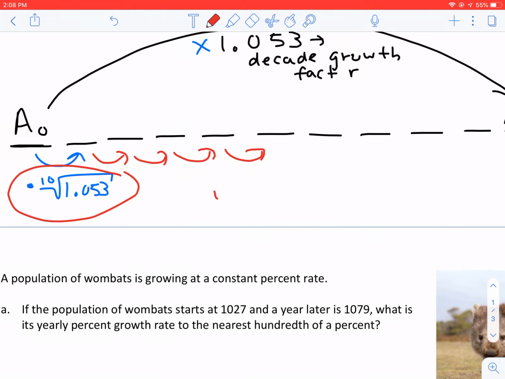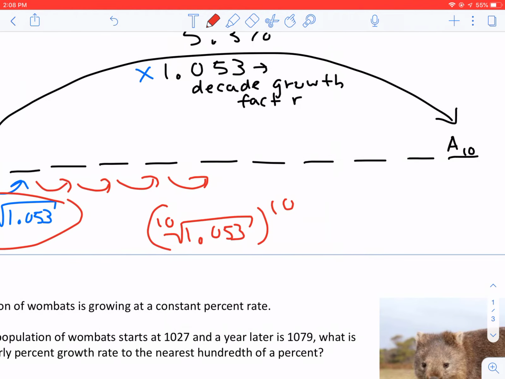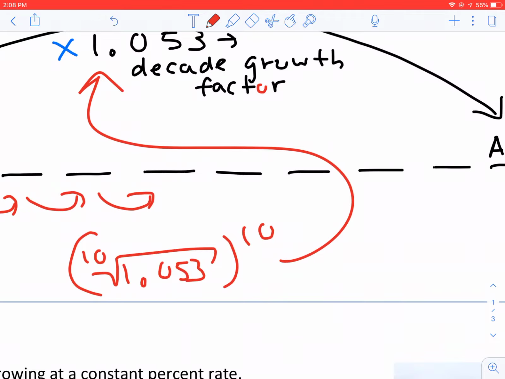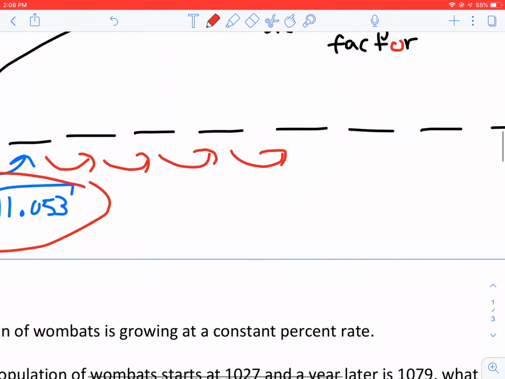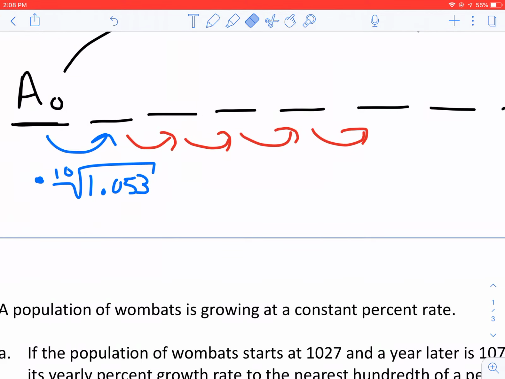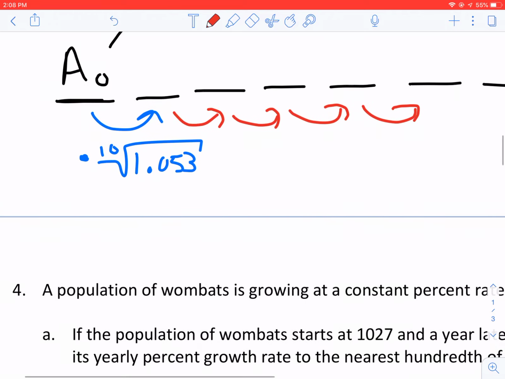And of course, if I take the 10th root of 1.053 and I raise it to the 10th power, well, I get the decade growth factor. So that means this value here, the 10th root of 1.053, that is the yearly growth factor. That is what we're going to multiply by each year. So this quantity over here, this is our yearly growth factor.